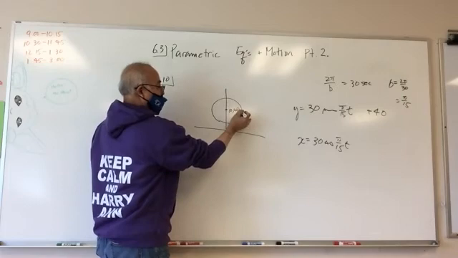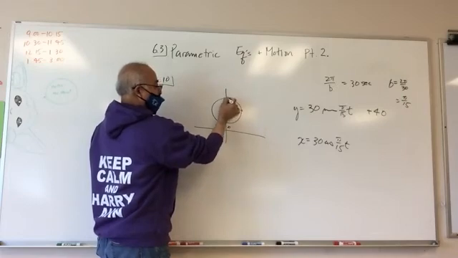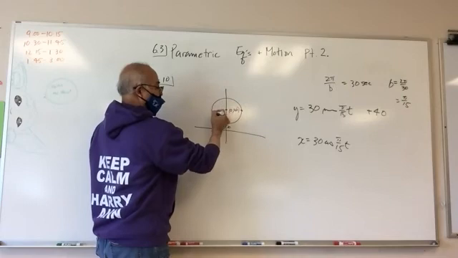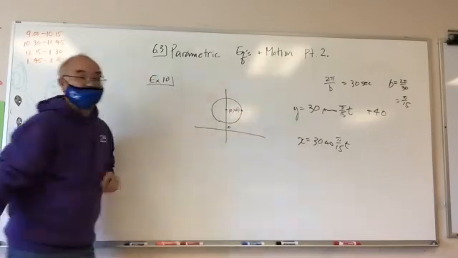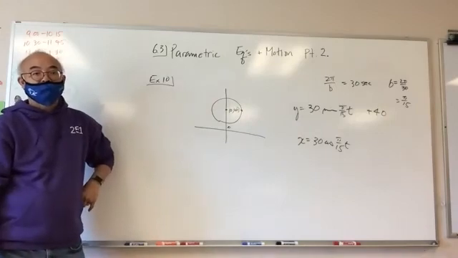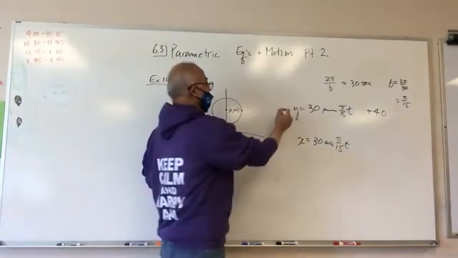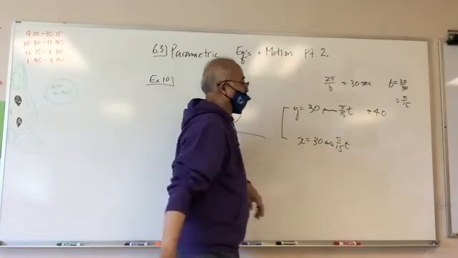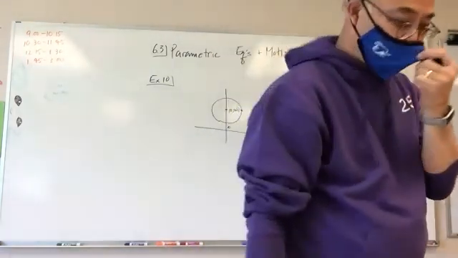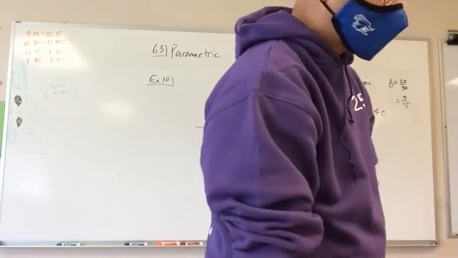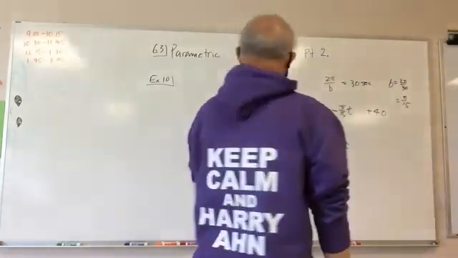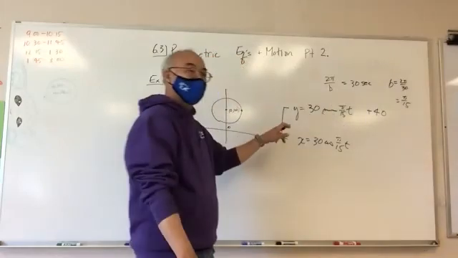The x component is 30, goes to 0, negative 30, 0, positive 30. So it's a cosine. So this is your parametrization right here. Find the parametric equation. Let's go ahead and graph that to make sure this gives you this.